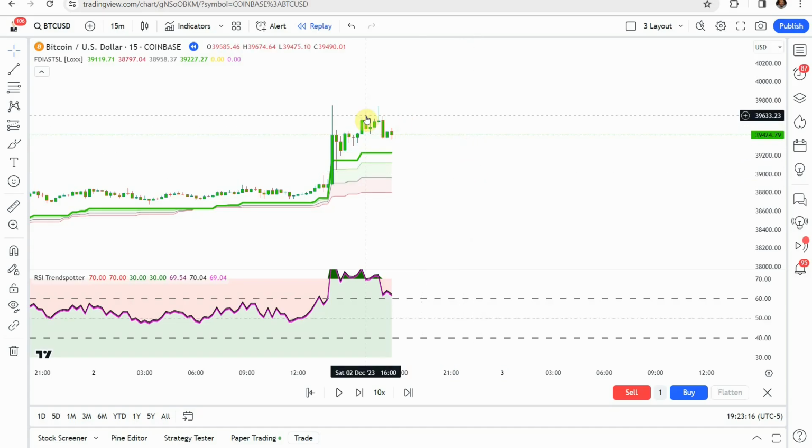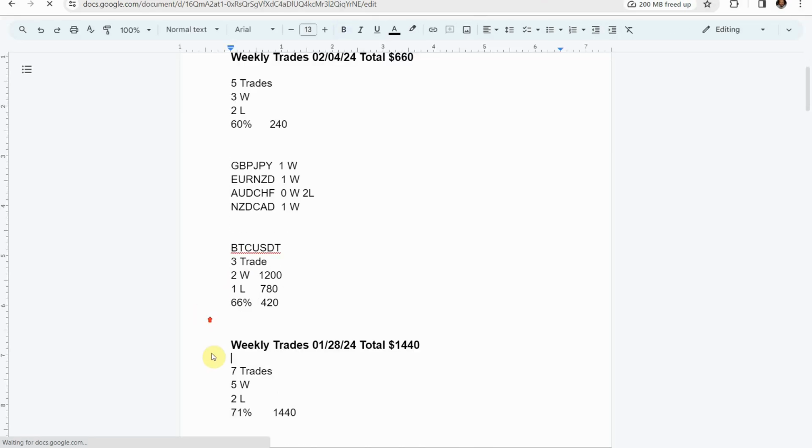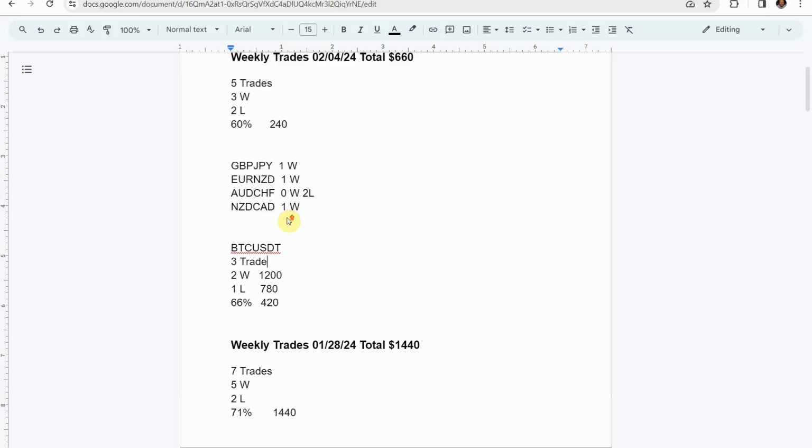Let's go ahead and go over the weekly signals. And so this is using the Academy of Forex Indicator on these 4 Forex pairs and this one crypto coin. On the 30-minute time frame, we're keeping track of the signals that we would have gotten every single week. So last week we had 5 trades on the Forex pairs, 3 winning trades, 2 losing trades, a 60% win rate. It would have been a gain of 240 on the crypto coin.